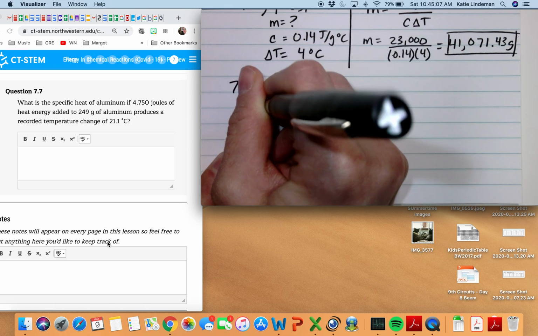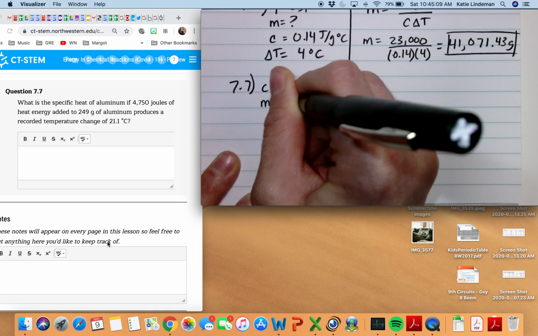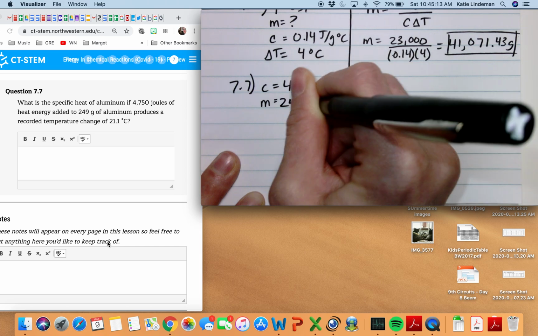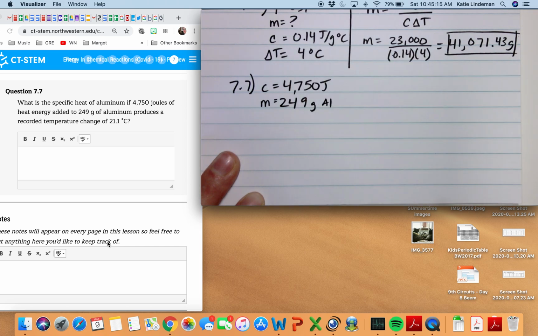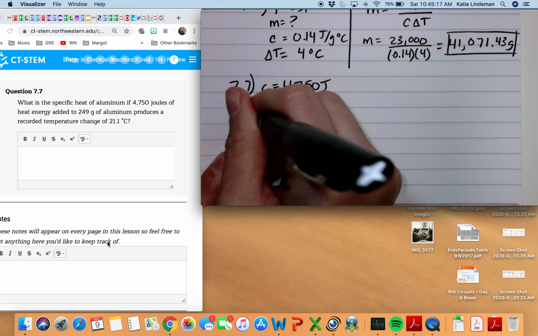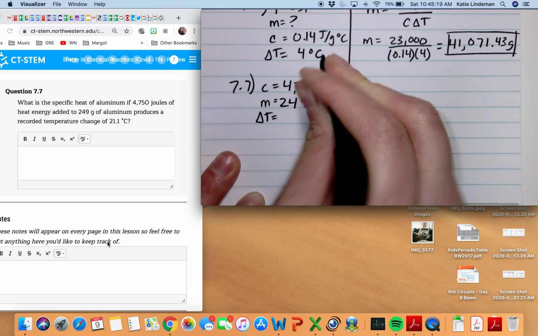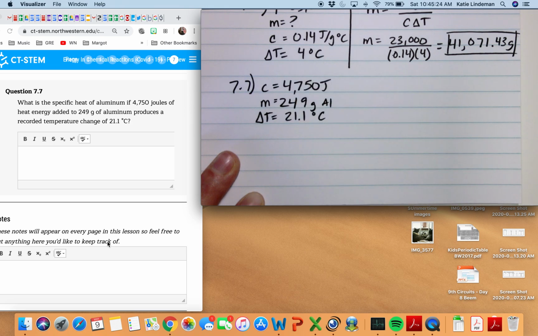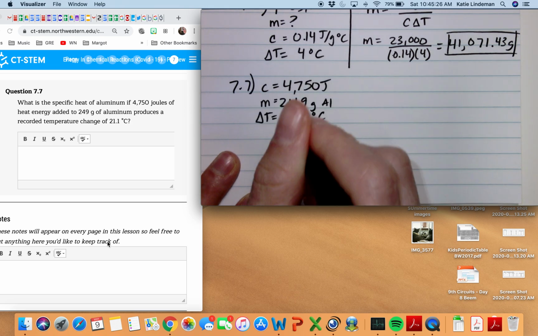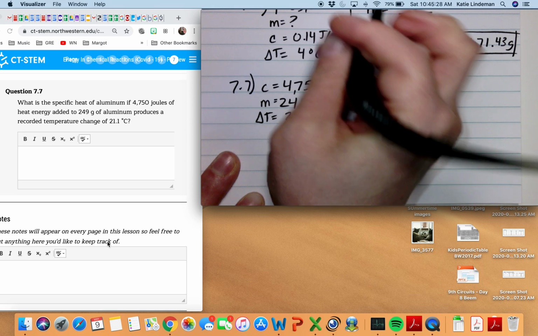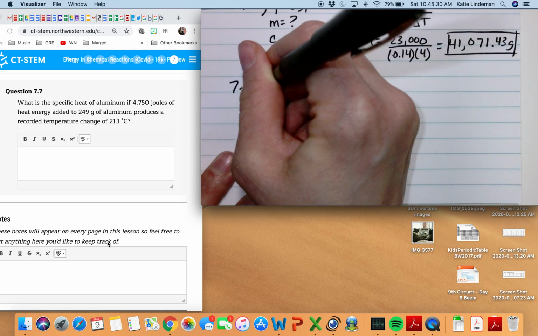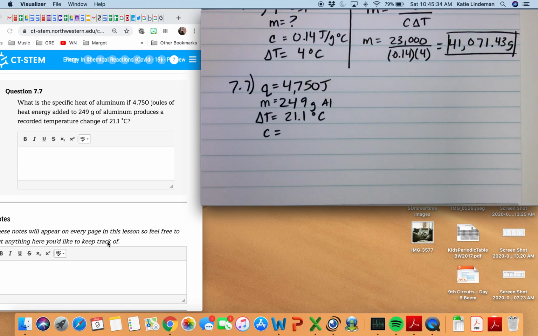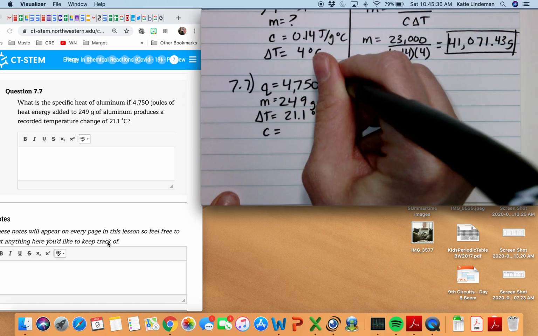So the mass is 249 grams of aluminum, and it has a temperature change of 21.1 degrees Celsius. It's asking us, oops, I wrote that wrong. This is not specific heat, this is Q. It's asking us what the specific heat is. Sorry about that.